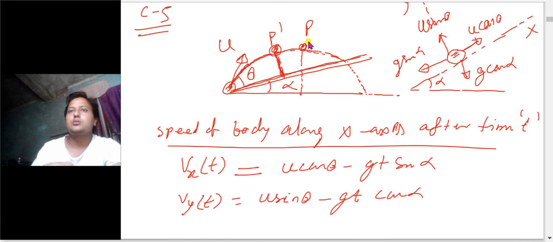So P is the minimum speed point, P dash is not the minimum speed point.